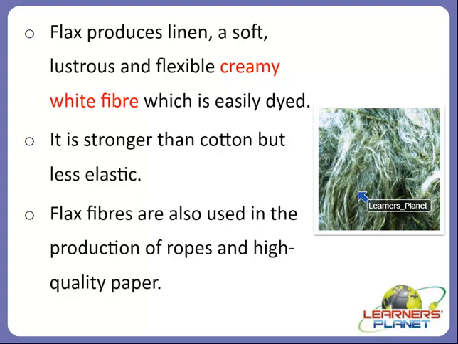Linen is a strong coarse fiber that drapes well, and like other cellulose fibers, it is durable but lacks elasticity, or has less elasticity. The more it is worked with and used, the softer and more lustrous it gets. This is its property. Okay, so this was about flax.